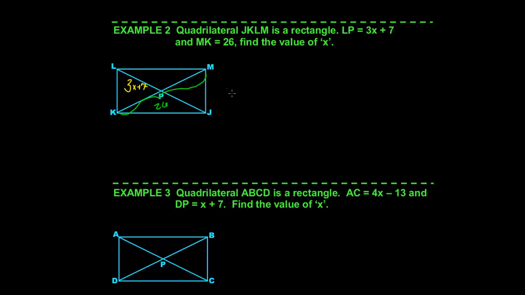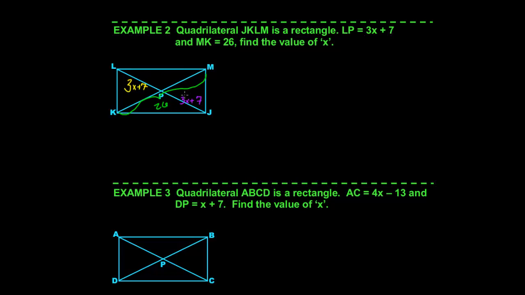Now we have to think a little bit deeper. We know that LJ is equal to 26. But what about PJ? We know that PJ is also 3x plus 7 because these are congruent, so they're the same thing.